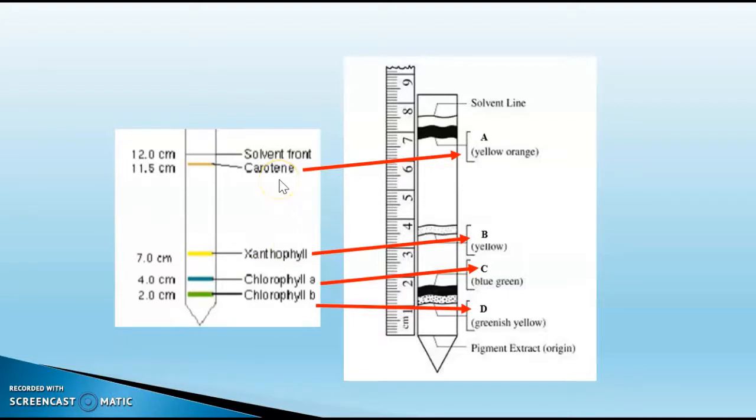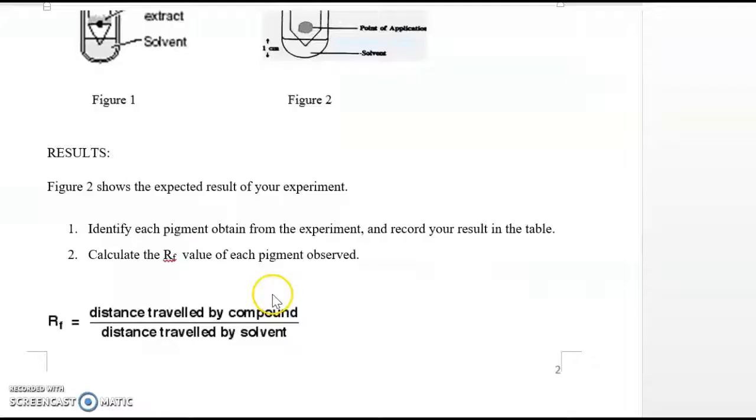And the last type of chlorophyll that is furthest away from the point of origin, that is visible to us in yellow-orange color, is identified as the carotene.